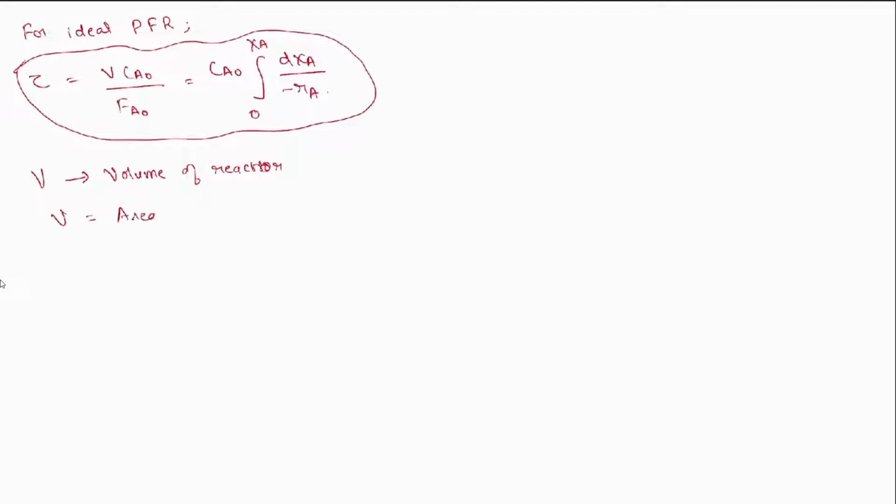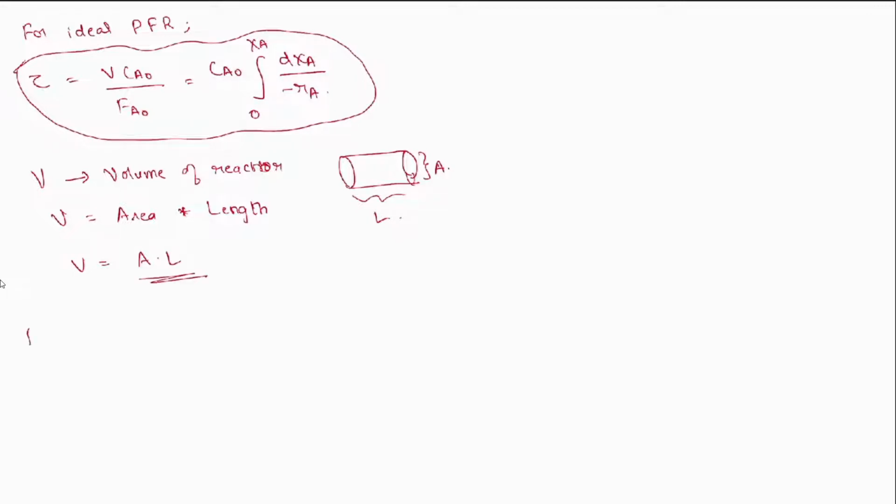So volume V is basically area into length, right? So let's say you have a PFR like this, which is usually cylindrical. So the volume will be the cross-section area of the cylinder into the length of the cylinder, right? So V will be equal to A into L. So that is one thing.